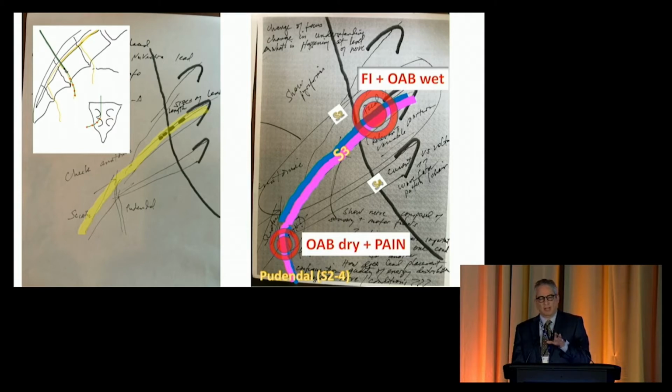So this is a mixed nerve. It has both sensory and motor components, and there may be different areas or different targets along the course of the nerve that are more relevant for one particular problem versus another. So I would call the broad target problems fecal incontinence and overactive bladder, and we know pretty much that the therapy is extremely robust for those problems.